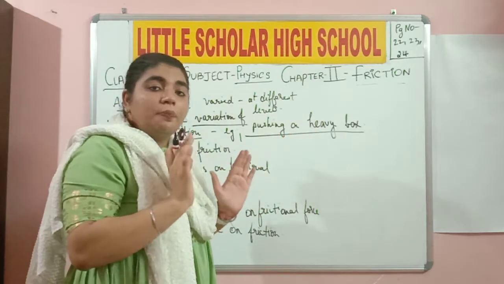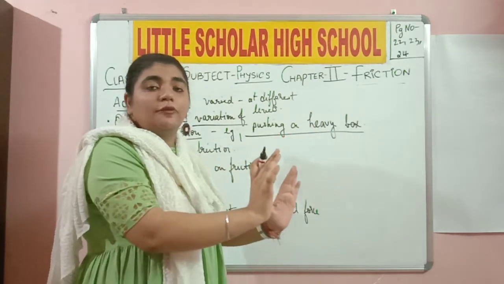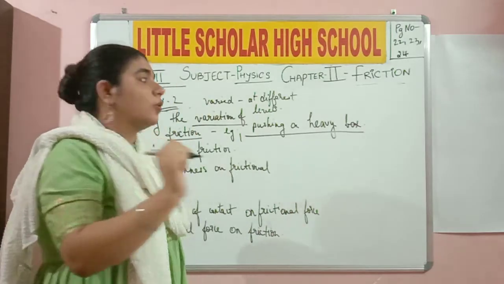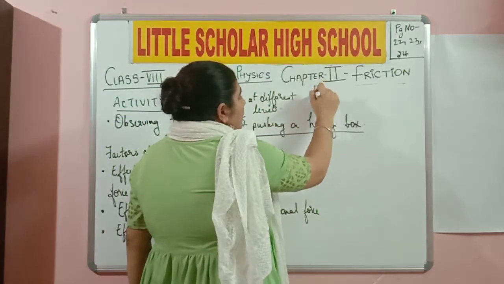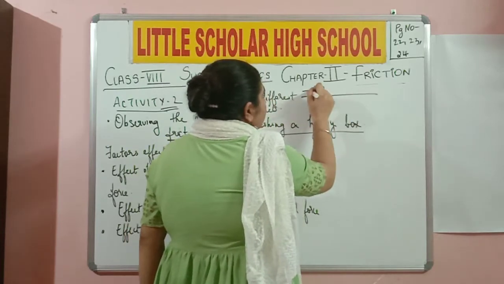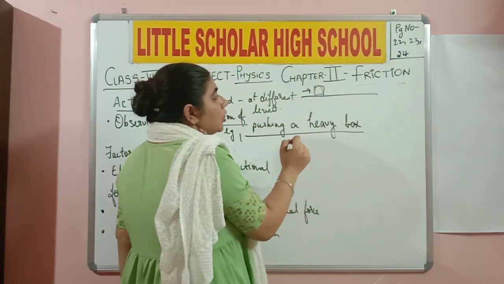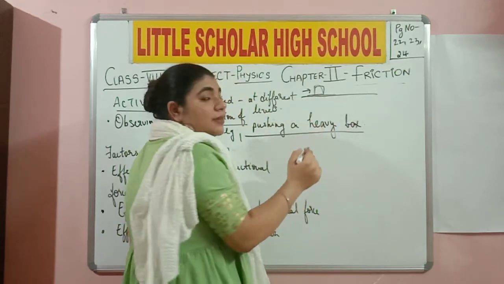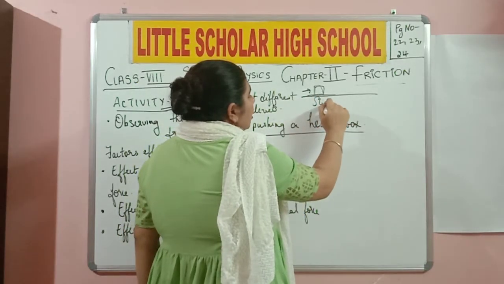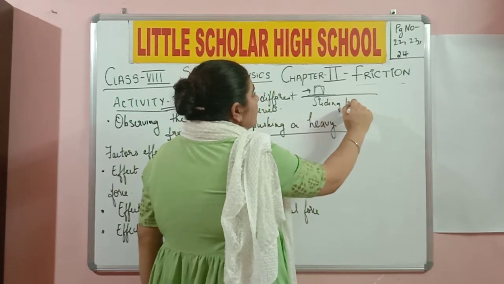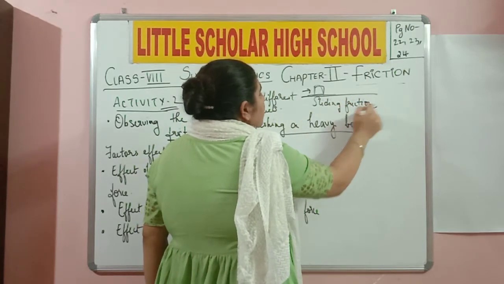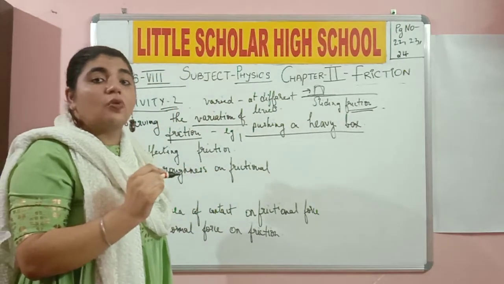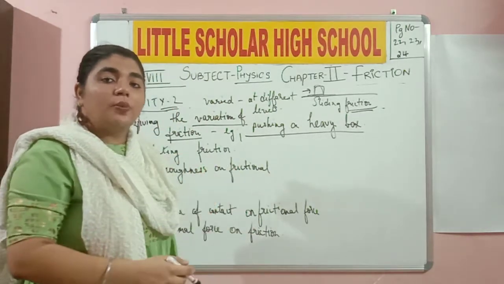No, you are pushing the box which is placed on the floor. This means the box is in contact with the floor. When the box is in contact with the floor and it is being pushed in a certain direction, the friction between the box and the floor is nothing but the sliding friction. So what do you conclude from this? That the box is experiencing sliding friction on the floor because of the force applied by the boy. Did you understand now?